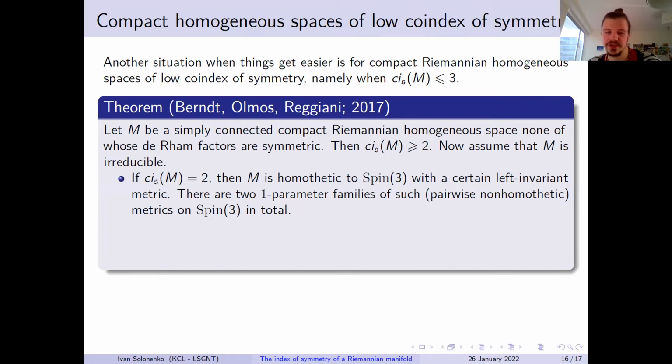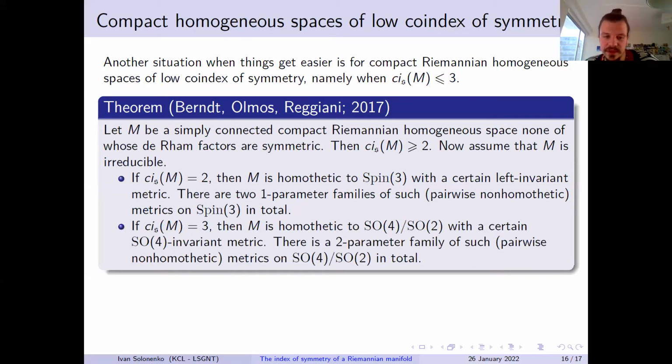These left invariant metrics were computed explicitly in the paper. I won't give their construction here, but I'll just say that there are 2 one-parameter families of them, and each two elements in these families are pairwise non-homothetic. So you have like 2 lines of such metrics.